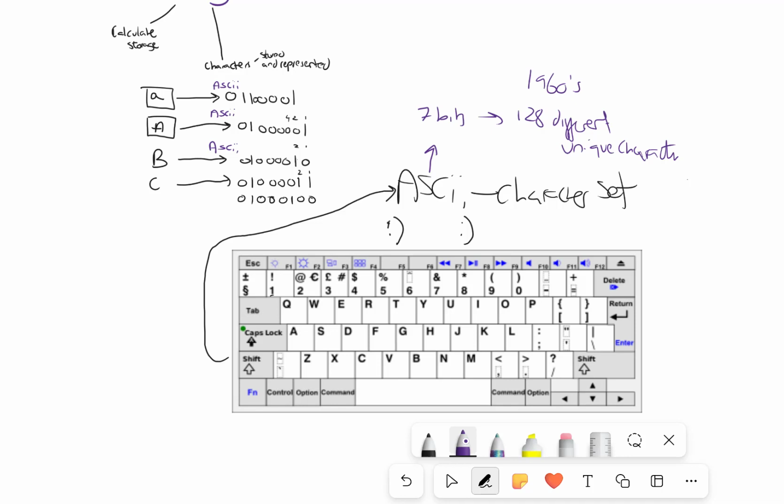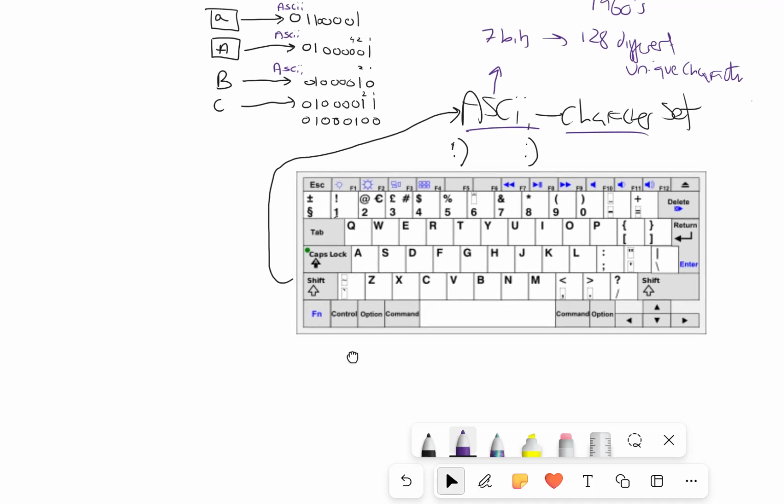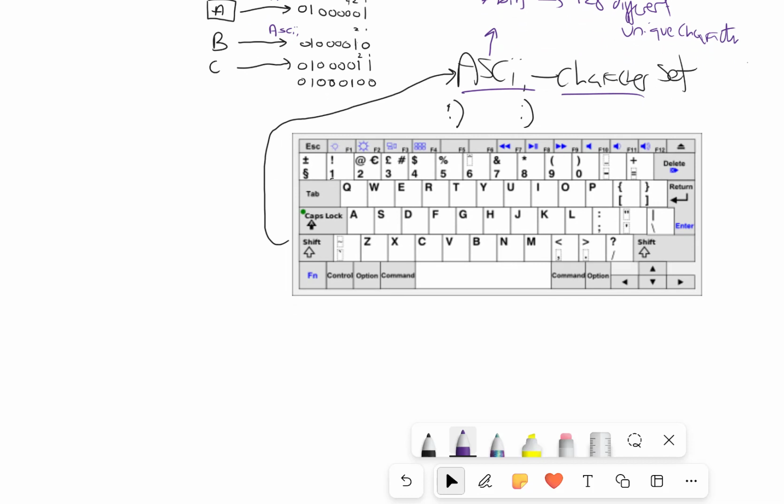So ASCII, they realized, was limited, so they created a different character set. This character set is called Unicode. And it's known as being a superset of ASCII. The aim of it is to include every character in the world.